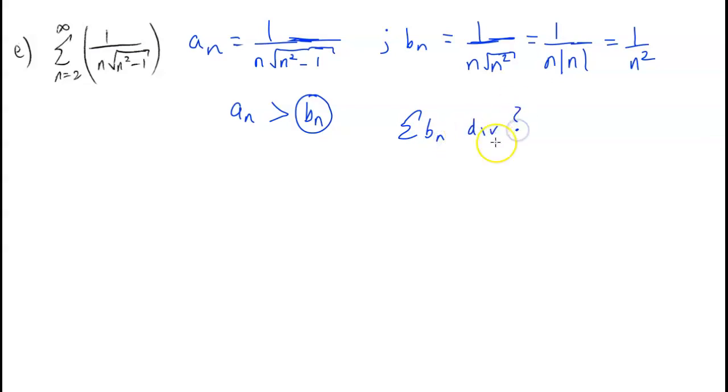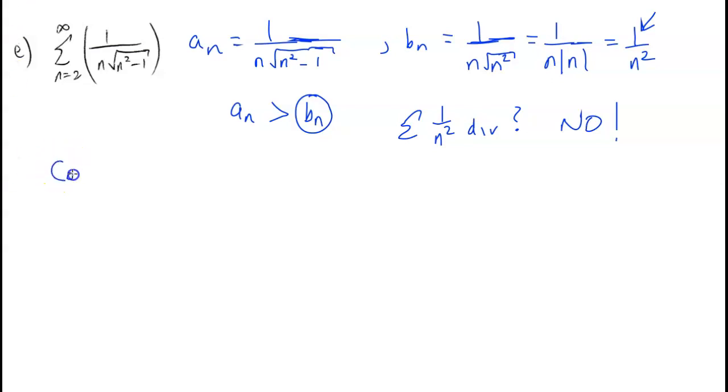However, if I look at this, I know it looks like a p series where p is greater than 1, so it's not going to diverge. So I'm in a situation where I can't use the comparison test. What I'm going to have to do is consider the limit comparison test in that case.